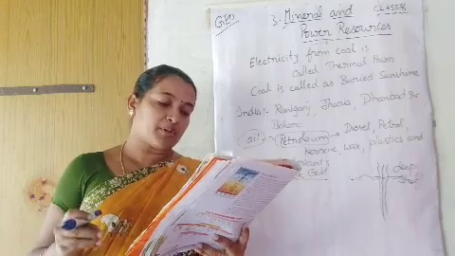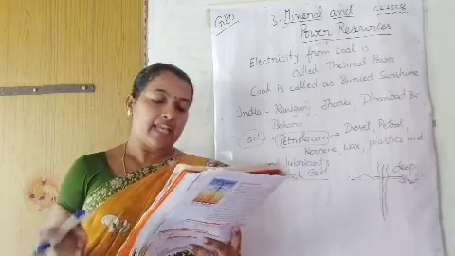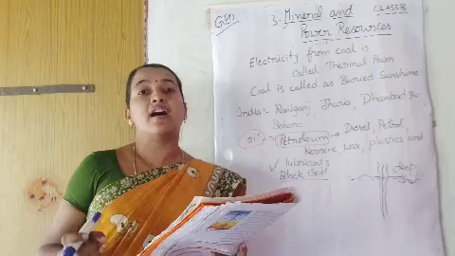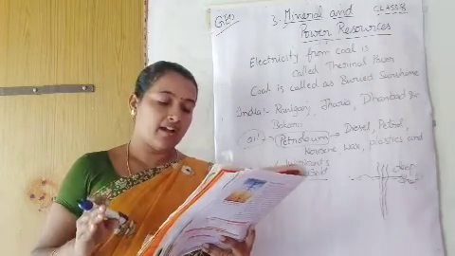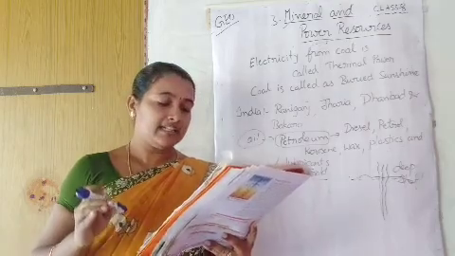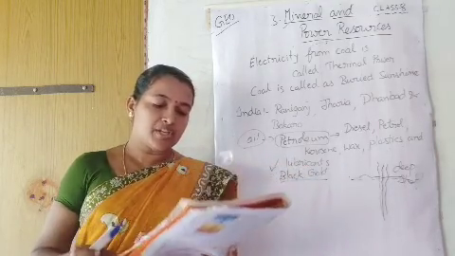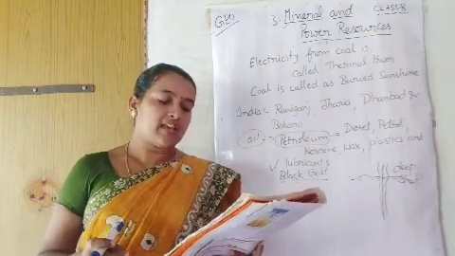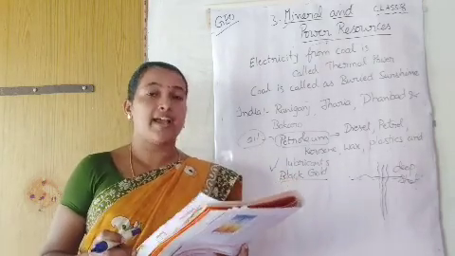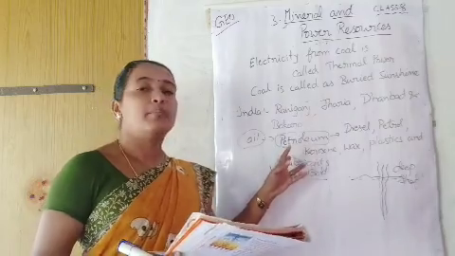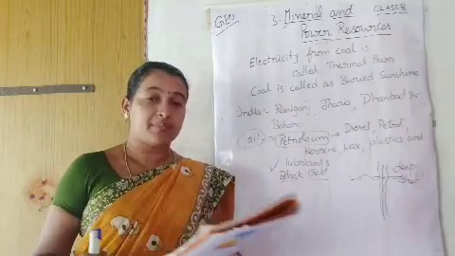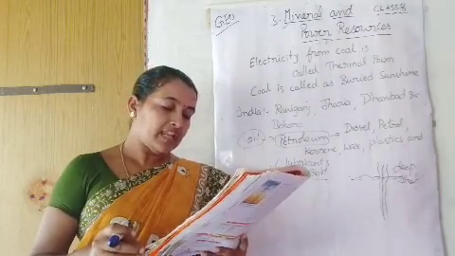The chief petroleum producing countries are Iran, Iraq, Saudi Arabia and Qatar. The other major producers are USA, Russia, Venezuela and Algeria. In all these countries they dig petroleum from deep wells.